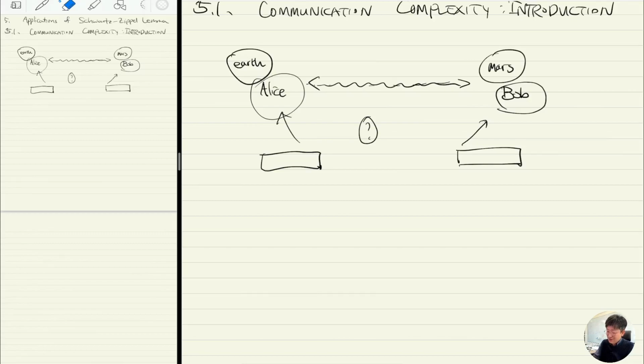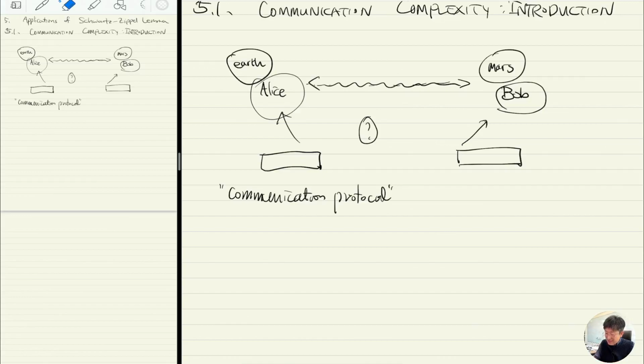So we typically make a communication protocol. Alice and Bob already have a predetermined protocol, kind of an algorithm to do what they're gonna do, right? Given the input, how they send the messages or not.